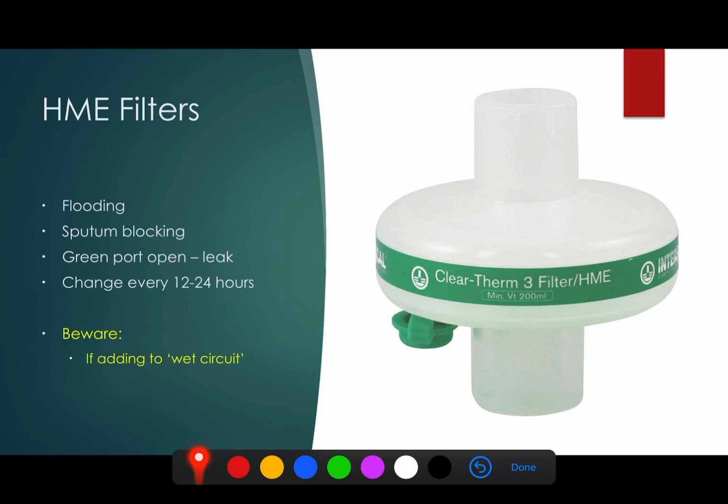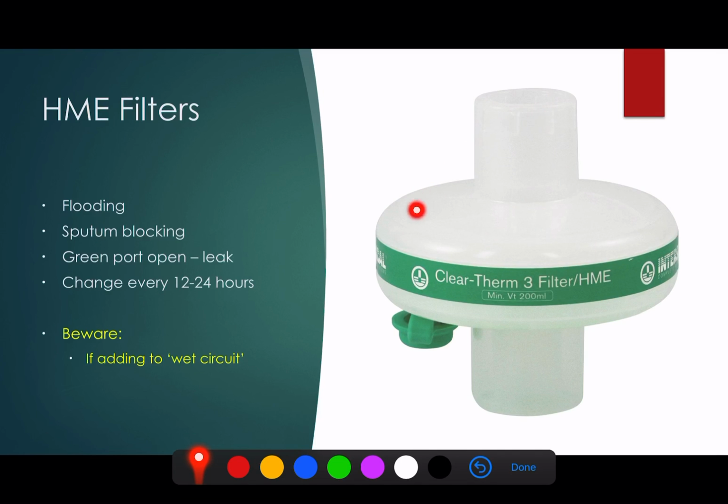The reason for this is that you're increasing the resistance through the HME, because it's basically just a load of paper in this part of it, and if that gets sodden and completely blocked with water, you can't get gas easily going through. So if you get sputum or water going into these, and they're usually clear so you can see, change it.